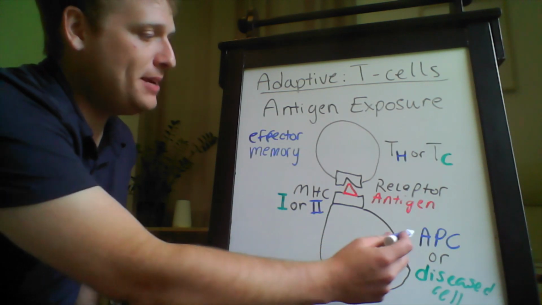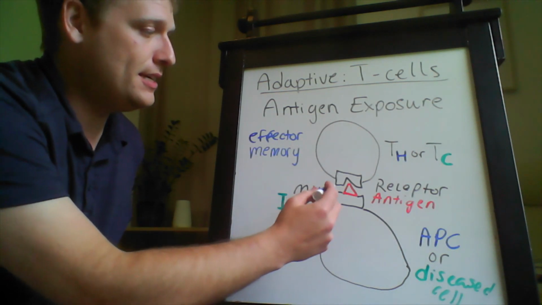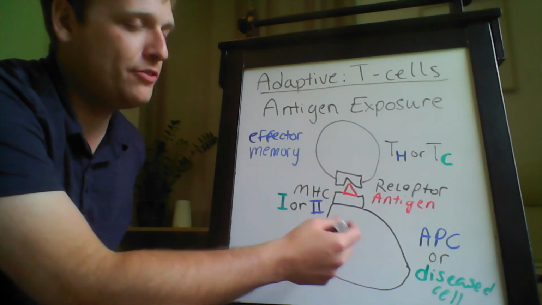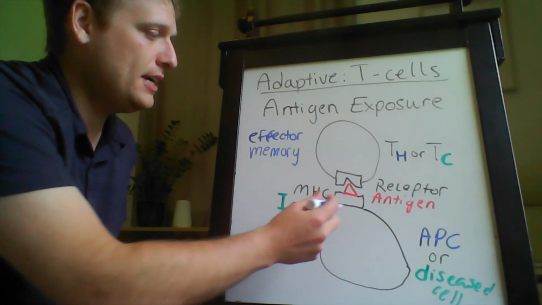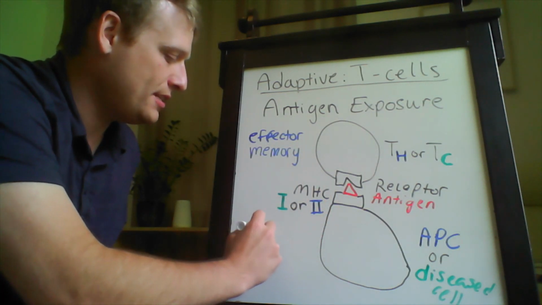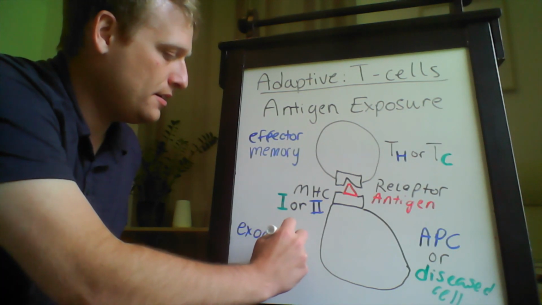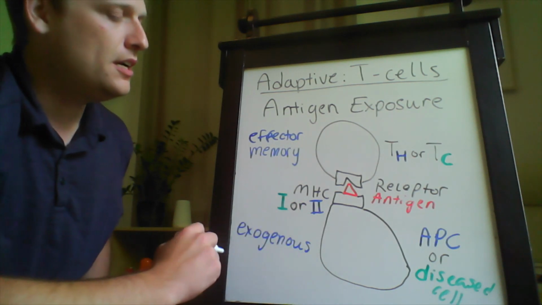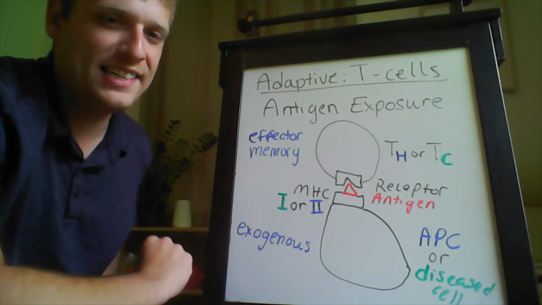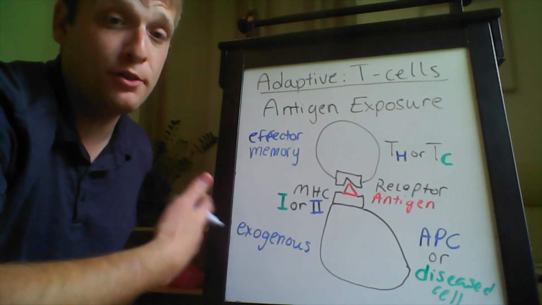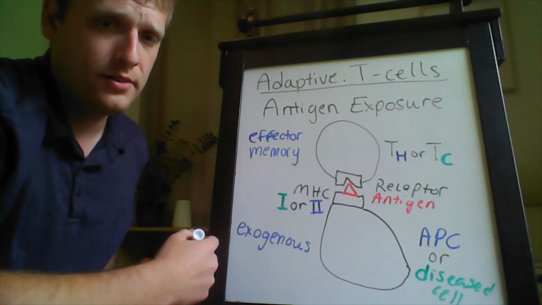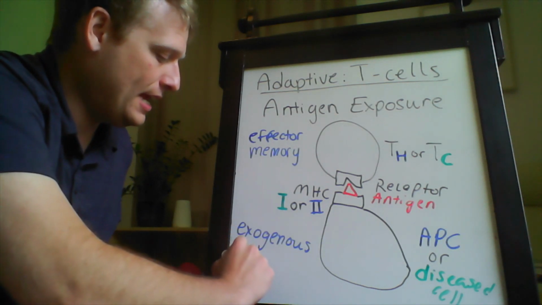So that would be an antigen presenting cell, is going to digest whatever the invading pathogen is and present an antigen that's considered exogenous. So antigen presenting cells are going to display exogenous antigens, which mean they come from outside the body. Now, there are other antigens that are considered endogenous.